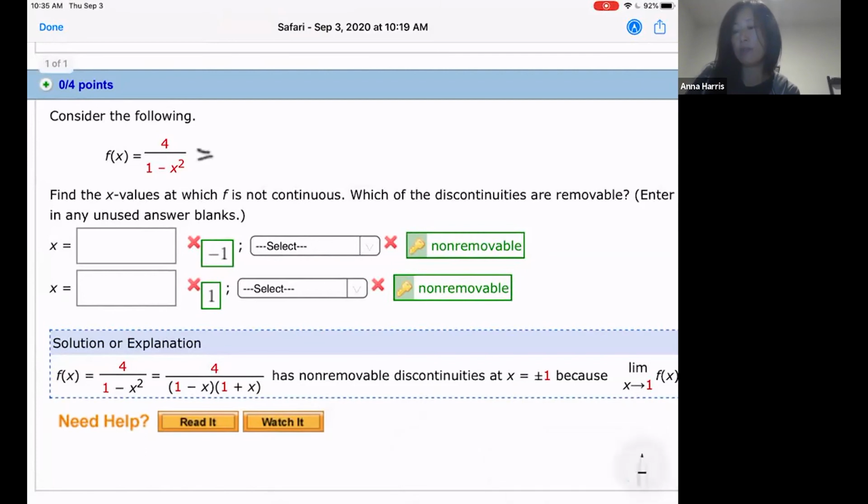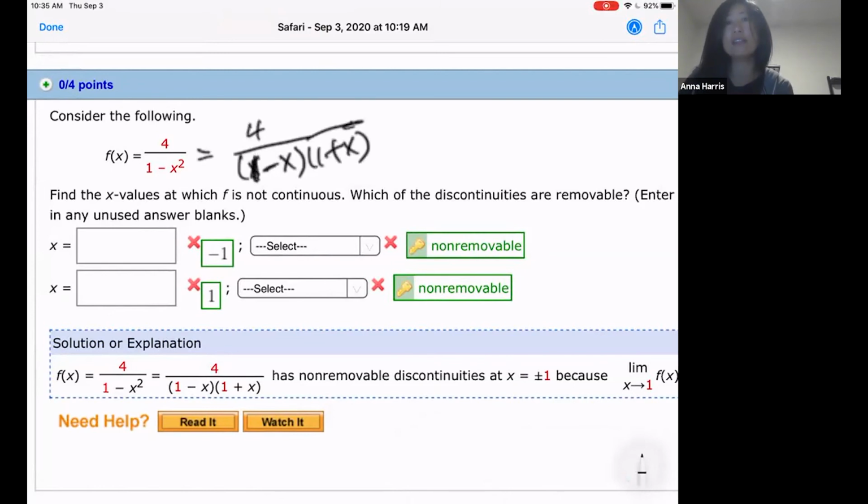So this one I can rewrite, I can factor this. You get an x, you get a 1 minus x, 1 plus x. Because 1 minus x squared, when you factor that, that's the same as 1 minus x times 1 plus x. So I have 2 asymptotes. I can say 1 minus x equal to 0, which is what?